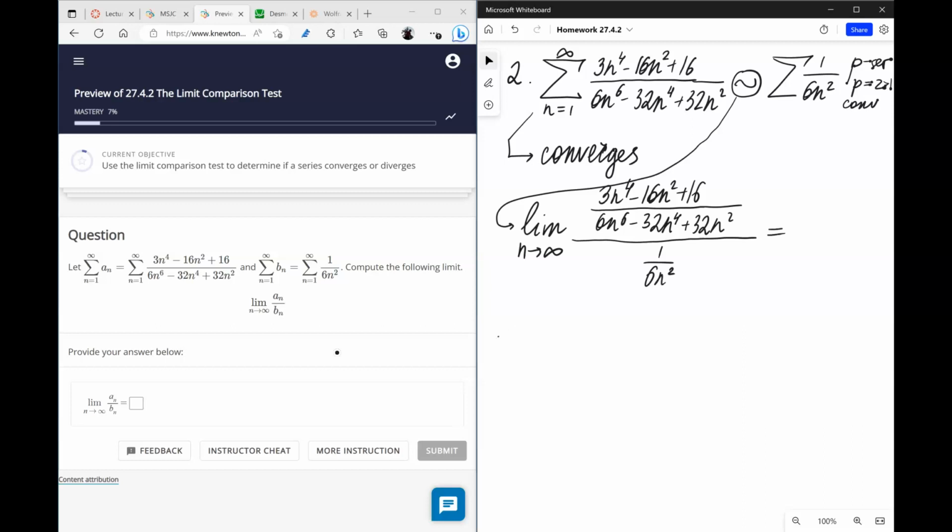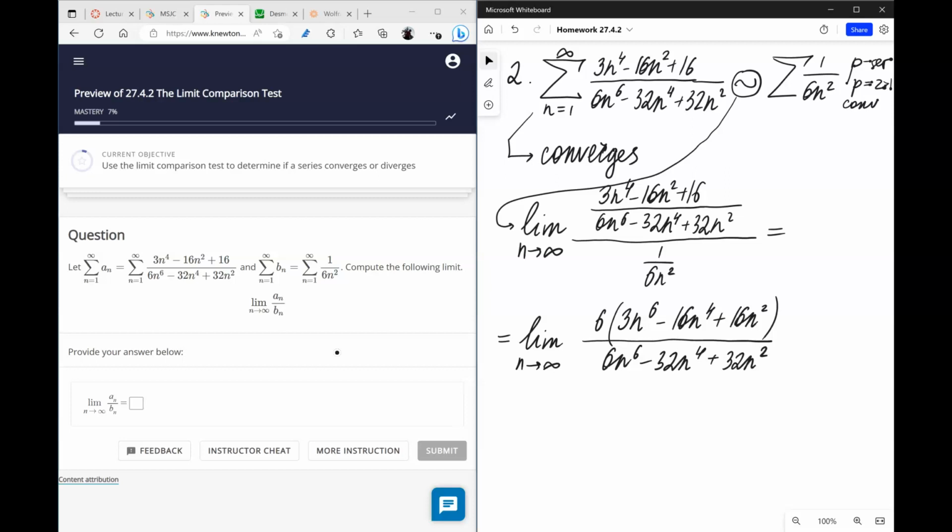And now this limit, it's a lot of writing, but this limit can be found like this. So we have 6n squared going in the denominator, and n squared can be distributed. So we have 3n to the 6 minus 16n to the 4 plus 16n squared, and we divide all that by 6n to the 6 minus 32n to the 4 plus 32n squared.